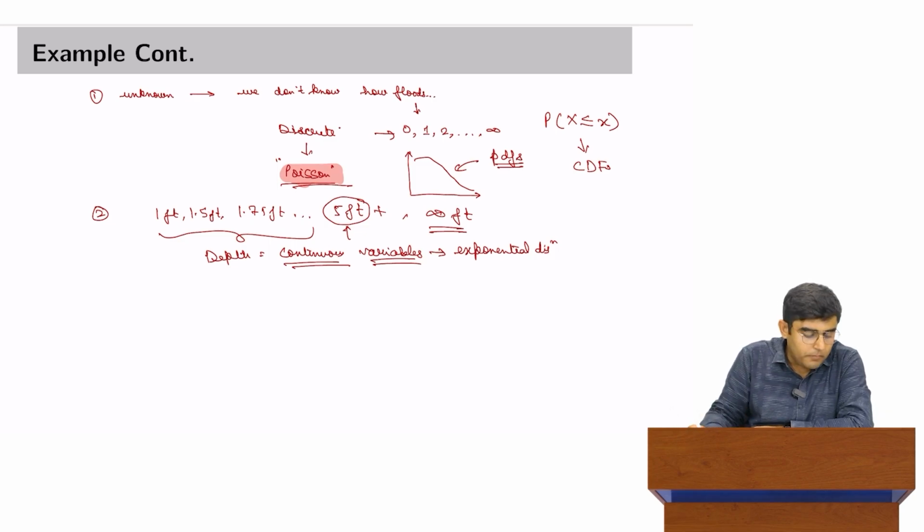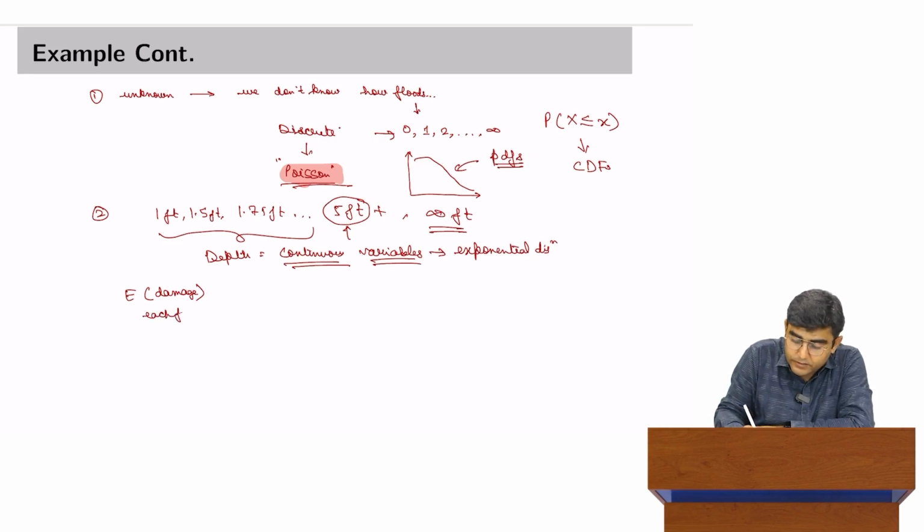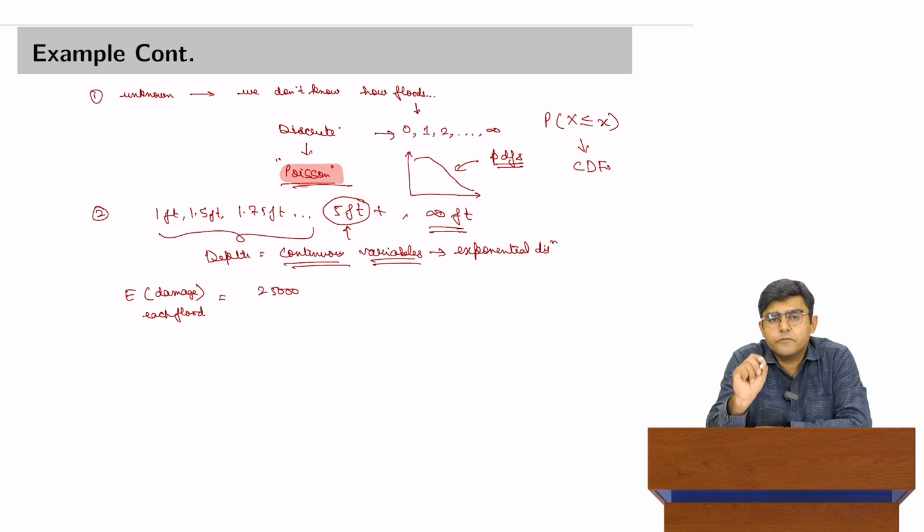Now when we talk about damages, the first thing we have to look into is the expected damage because of each flood. So it is specified that whenever a flood event happens, we are going to lose $25,000 because of inundation.